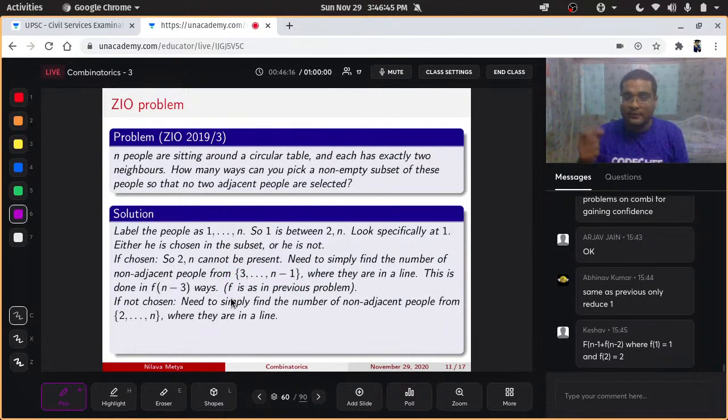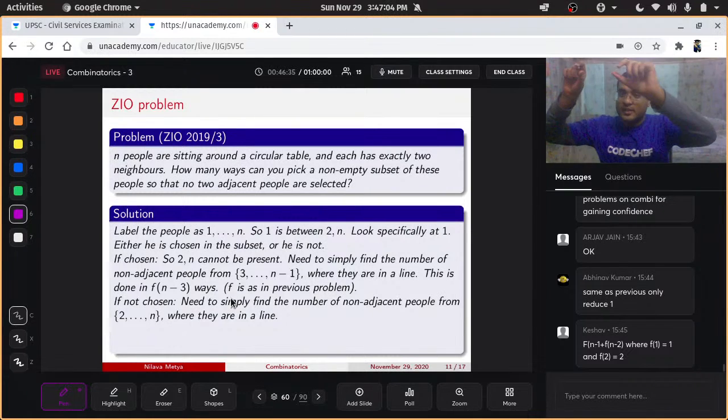Okay, and if 1 is not chosen, we need to find the number of non-adjacent people. Literally, we remove 1. Remaining are 2 and n and everything between them. So it is guaranteed that 1 is not there. It is just 2 to n.